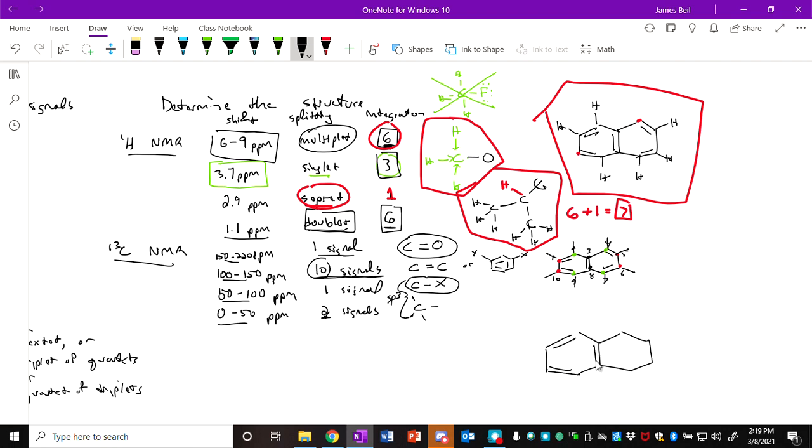We don't know whether these 2 groups are bonded at this site and this site, or whether they're bonded at, because they're not equivalent groups, they could be really bonded anywhere, and that's going to create the asymmetry that means that none of the carbons on the ring are equivalent, and that will give us the 10 unique signals for all 10 aromatic carbons.